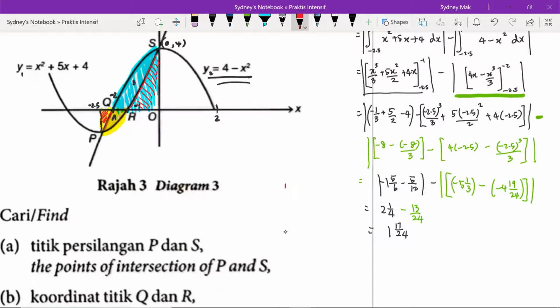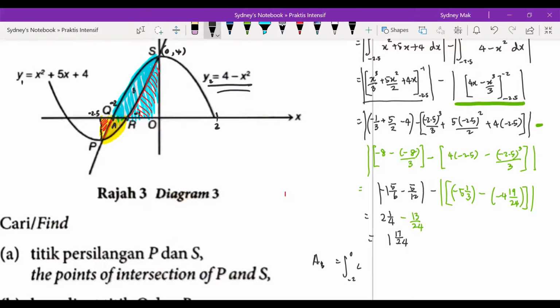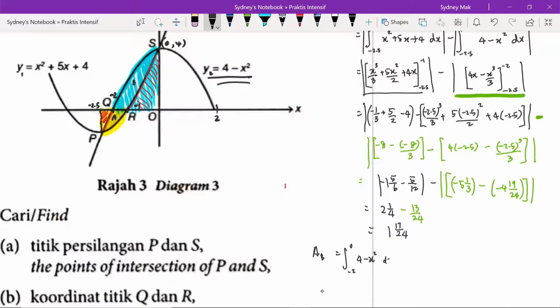So for the area of B, when we integrate from -2 to 0 of our sad face graph, which is 4 minus x squared, we will get the blue shaded region.